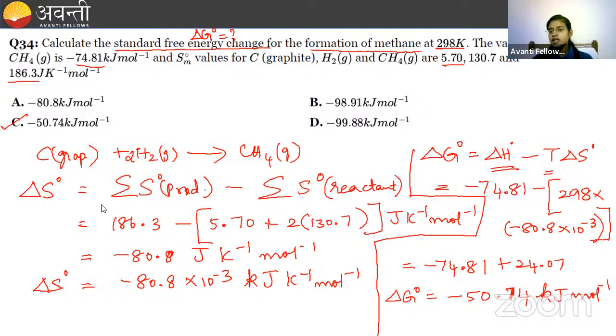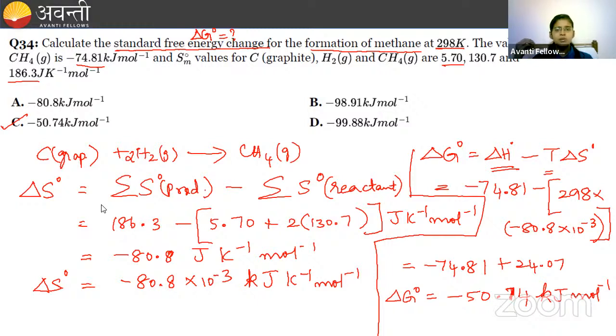So what we are doing here is taking the required equation, and we need one term to be solved to substitute in that equation. That term is delta S, and delta S is calculated from the other formula, from the given information. So we are substituting the given values and finding the value of delta G naught, which is the standard Gibbs free energy change for the formation of methane.